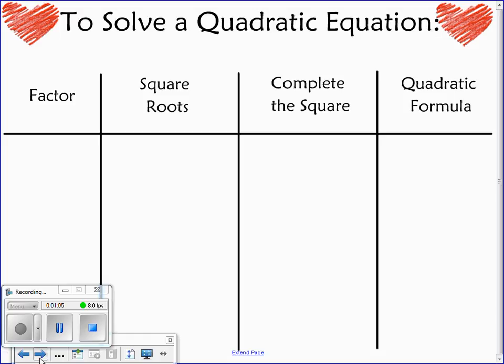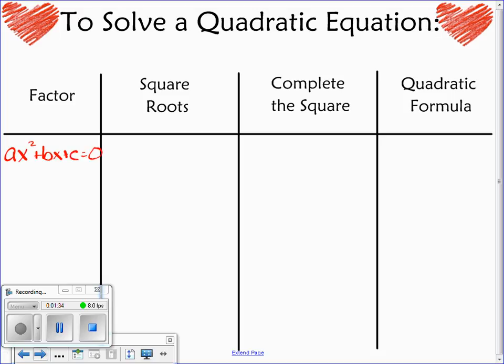All right, so we already did factoring. What was the first thing you did with factoring to solve those equations? Before that even? What did you do with the equation? Did you move stuff? Yeah, it was in standard form. So you had to put it in standard form, ax squared plus bx plus c equals 0, right?